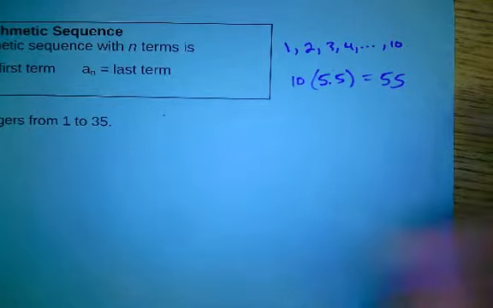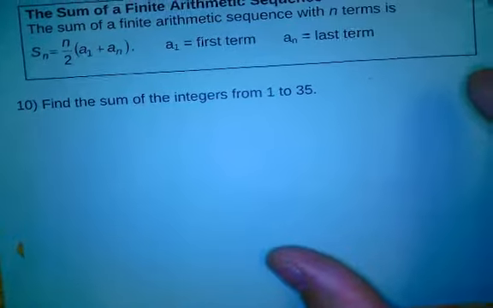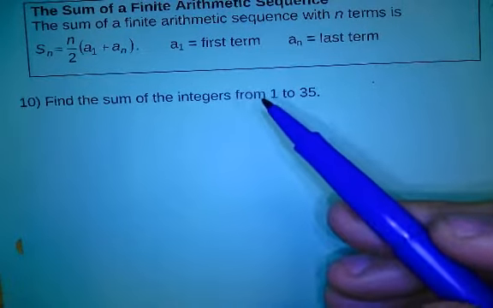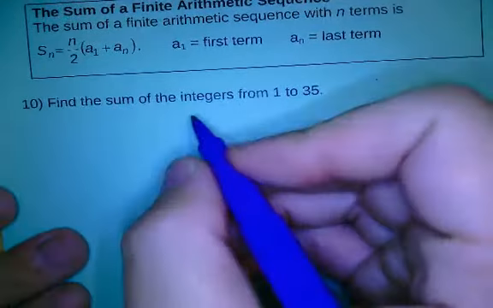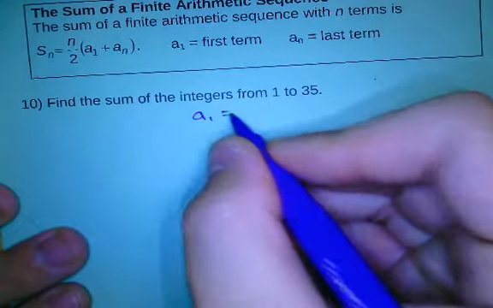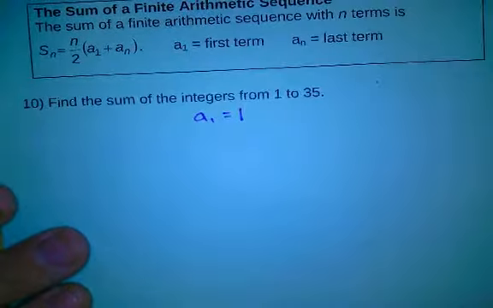Okay, so now let's go ahead and do it for slightly weirder problems. Find the sum of integers from 1 to 35. So it's the exact same problem that I just did, but instead of 10, we stop at 35. What is the first number? It's 1.